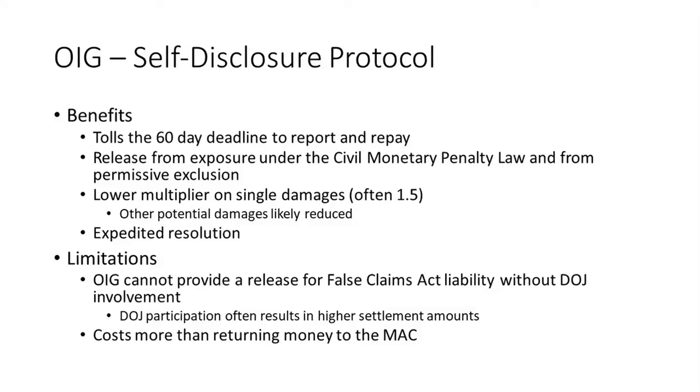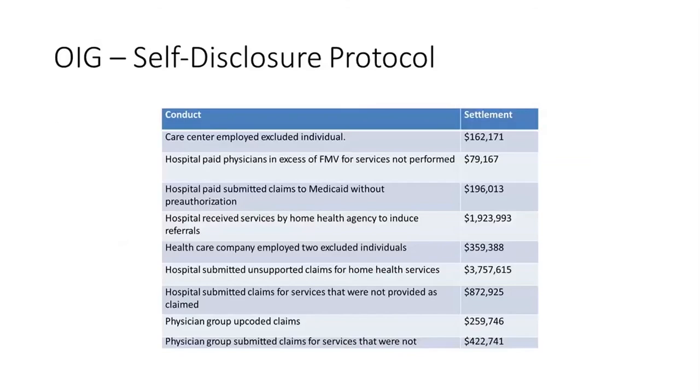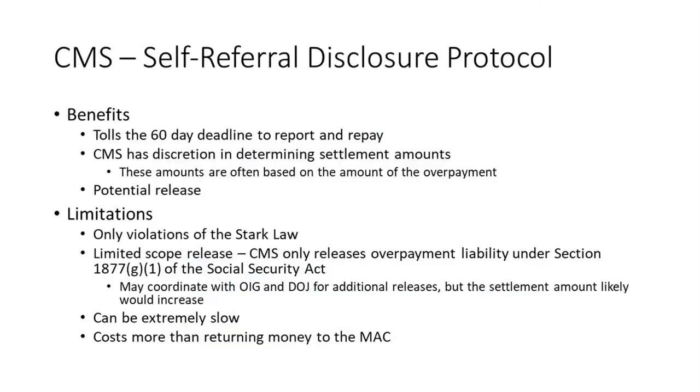DOJ frequently does get involved with OIG investigations, and so it's not the end of the world, but it often leads to higher settlement amounts. What you see with OIG settlements is they're usually significantly higher when it comes to the dollar amounts, as opposed to CMS, which we're going to talk about now.